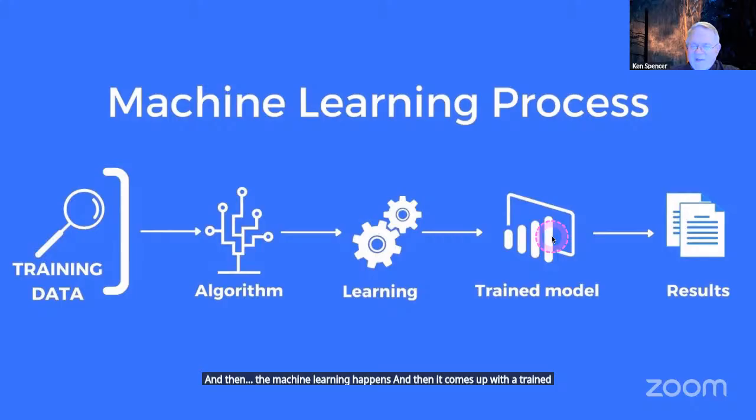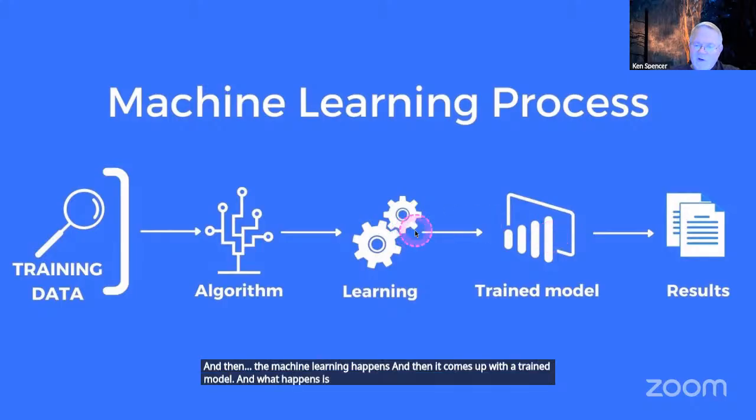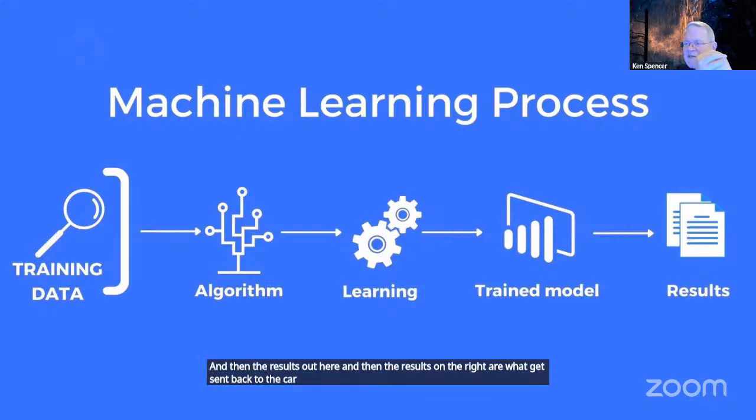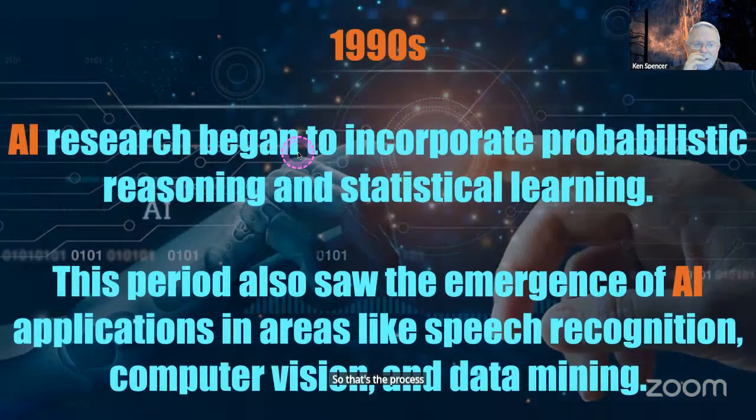Another computer will test the trained model and verify the results. Then the results on the right are what gets sent back to the car, and it can be a smaller package. So that's the process of machine learning.